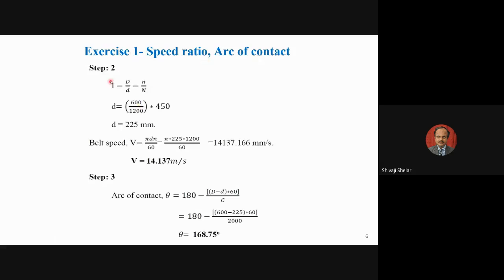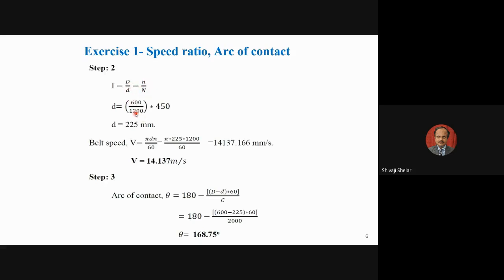Speed ratio is normally written as small i equal to capital D by small d, or small n by capital N. Capital D is equal to 600, capital N here is 450 for the bigger diameter pulley, and small n here is 1200. So 600 will come down here, small d will go on this side, so small d is equal to capital D upon small n into capital N.